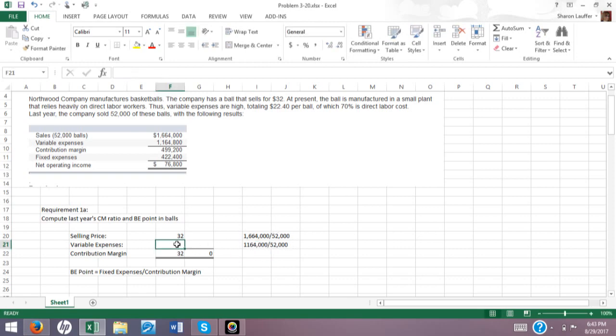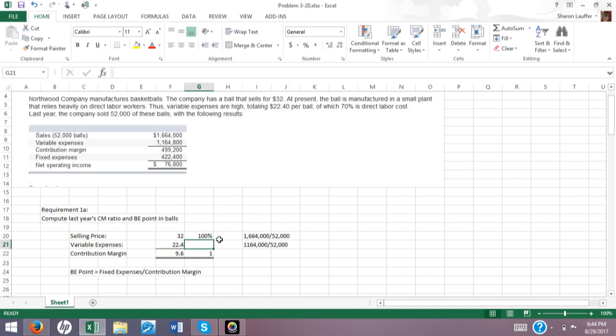So if we take our variable expenses up here and divide it by the number of balls we sold, that gives us a per ball variable expense of $22.40, which gives us a contribution margin of $9.60. Sorry, my formatting's off a little bit, but over here, I have it set up so we can do this by percentages. The sales price is 100%.